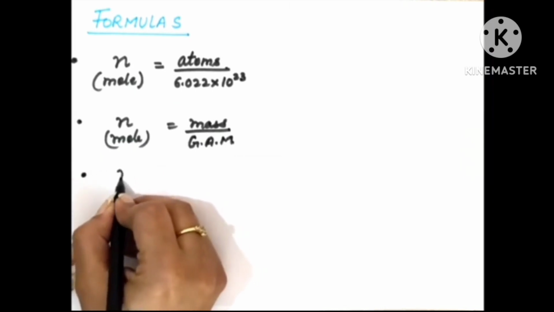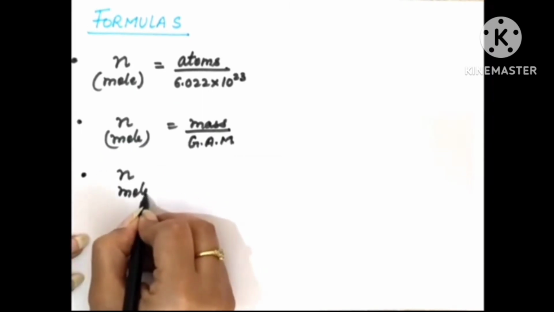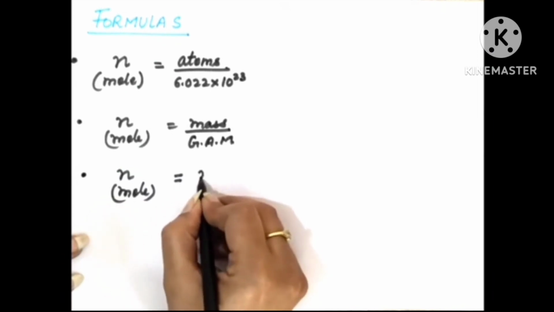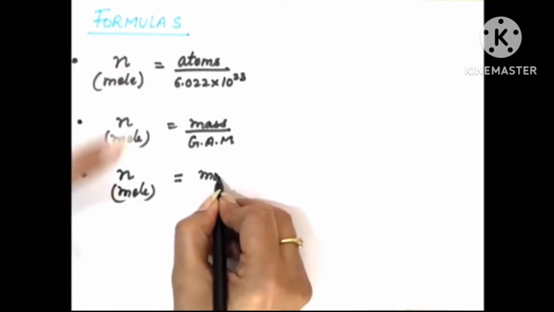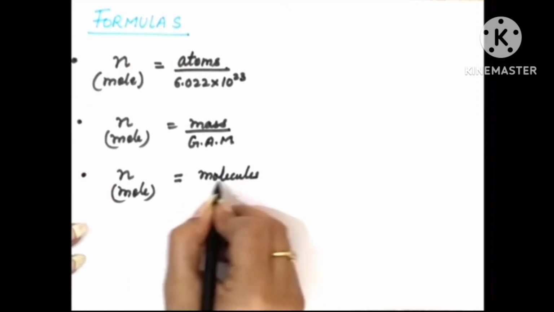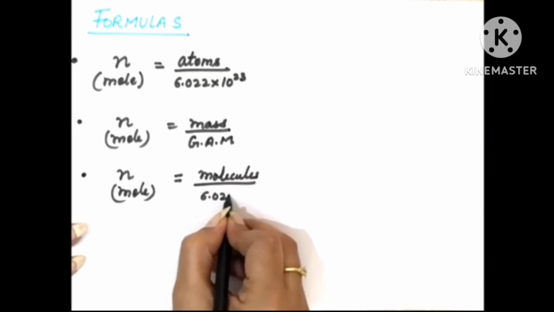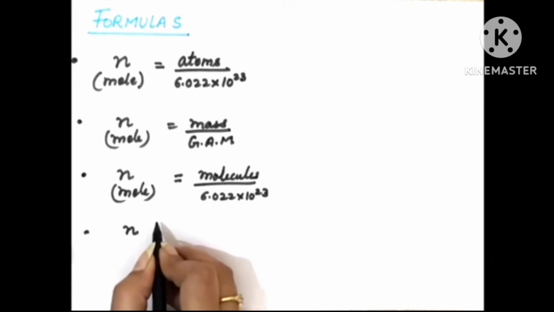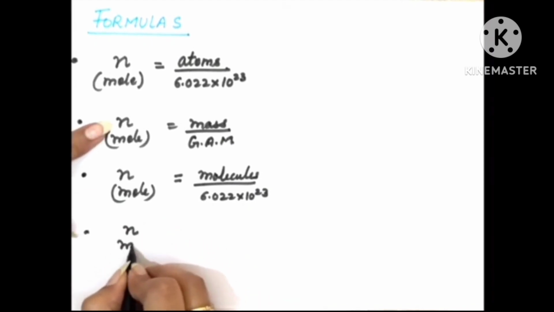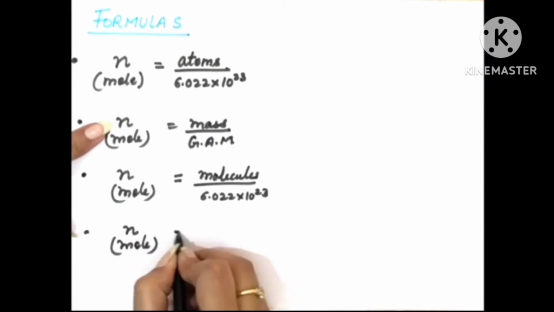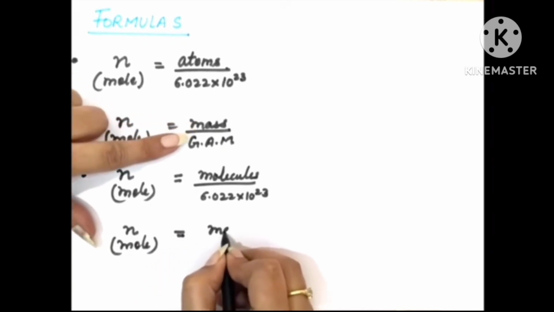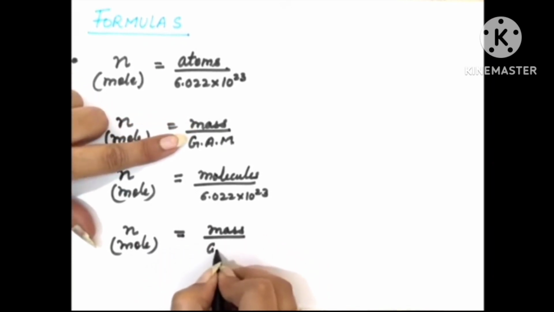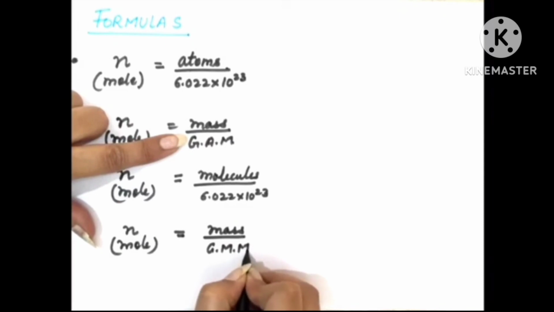Next, moles are also equal to, if you're talking about molecules, then in place of atoms we'll write molecules, divided by again 6.022 into 10 raised to power 23. And in this formula we are using n for moles of the molecules. Now mass upon, since it is molecules, we will divide it by the gram molecular mass.